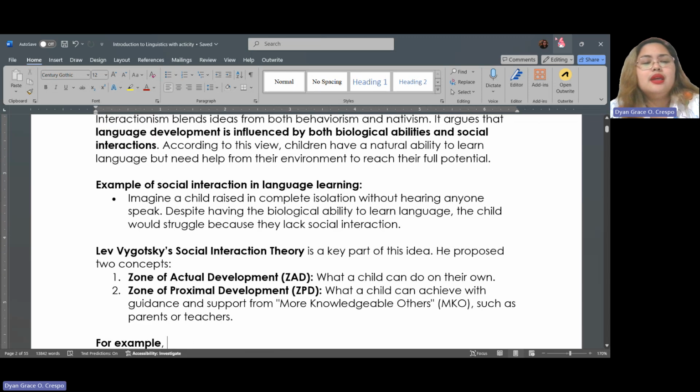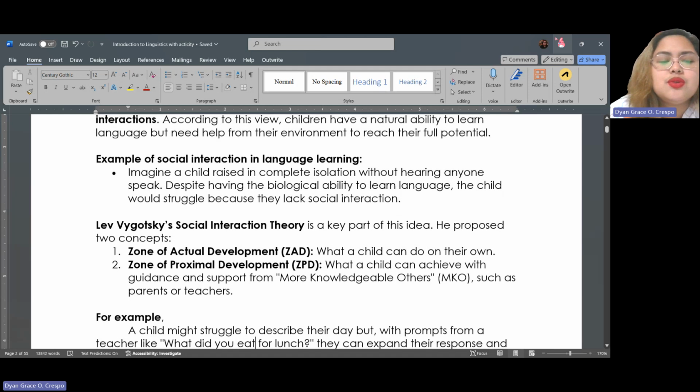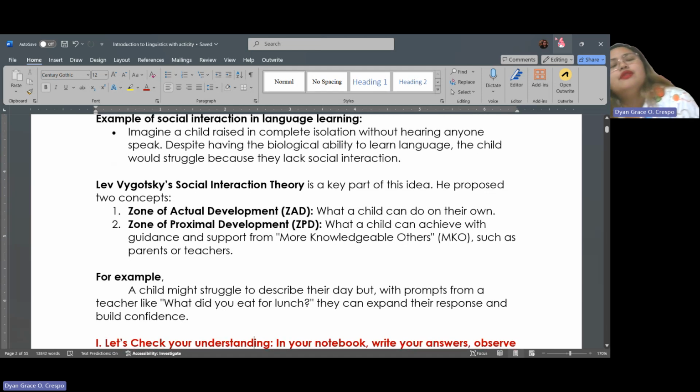In this one, Lev Vygotsky's social interaction theory is a key part of this idea. He proposed two concepts. We have the zone of actual development, what a child can do on their own, and the zone of proximal development, what a child can achieve with guidance and support from a more knowledgeable other, which is the parent and the teacher.